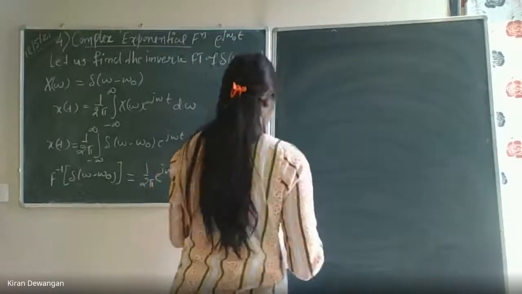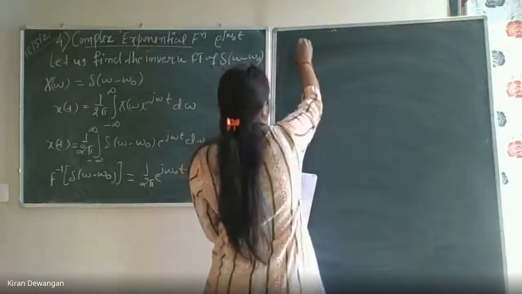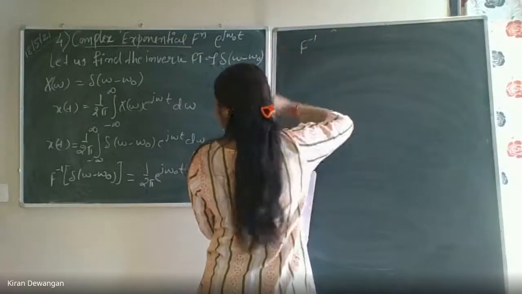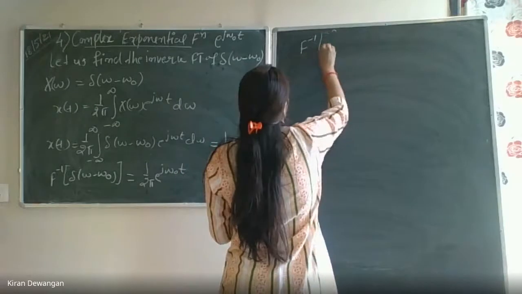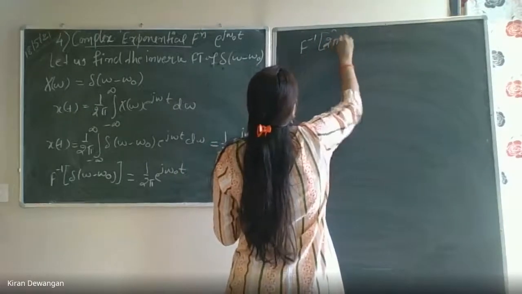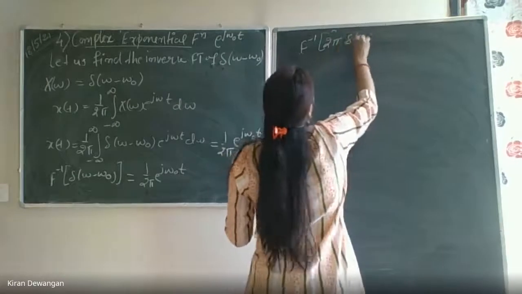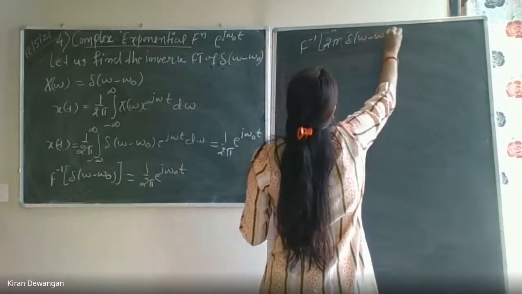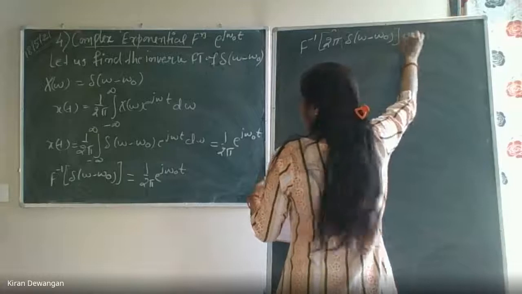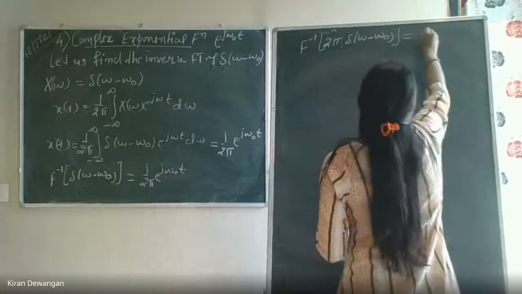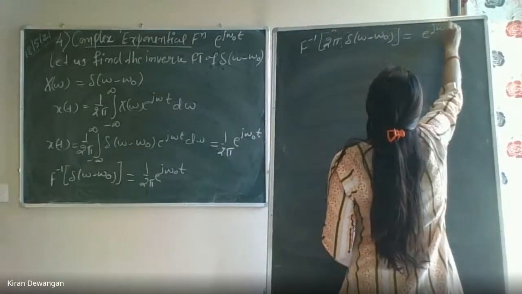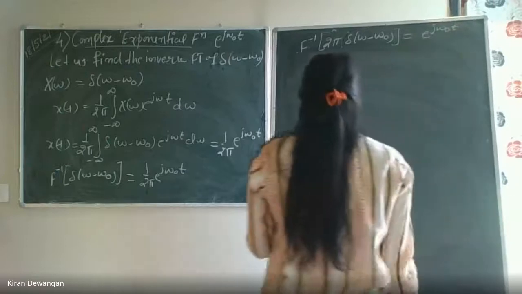Hence we can write that the inverse Fourier transform of 2 pi del omega minus omega naught is nothing but e to the power j omega naught t.